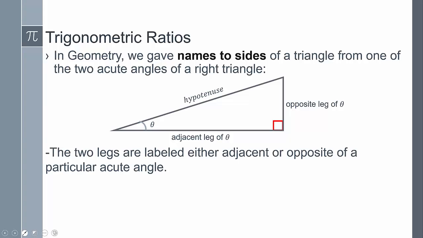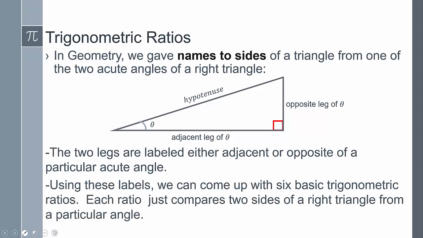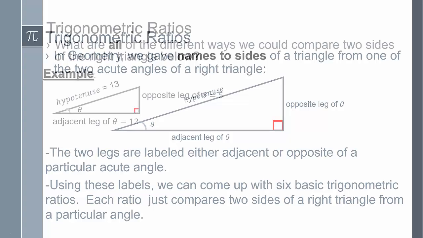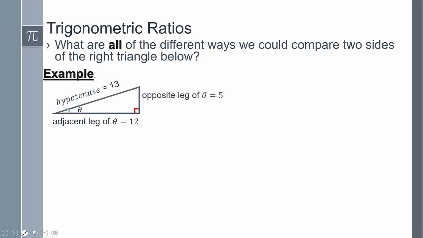Now, on a technical basis, we can actually come up with 6 different trig ratios. We're just going to focus on 3 of them, but we can actually create 6 different ways to compare those two sides based upon that particular angle. So let's examine that.